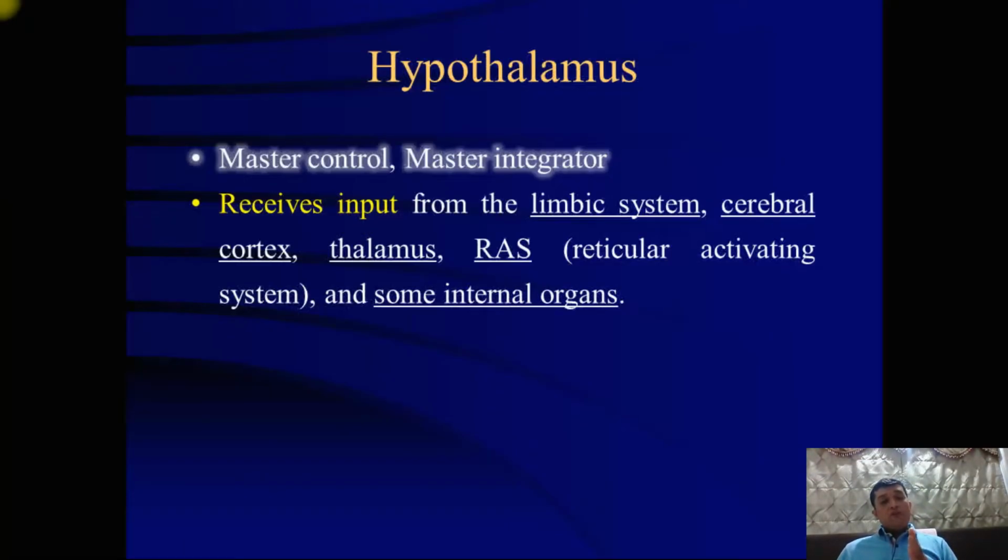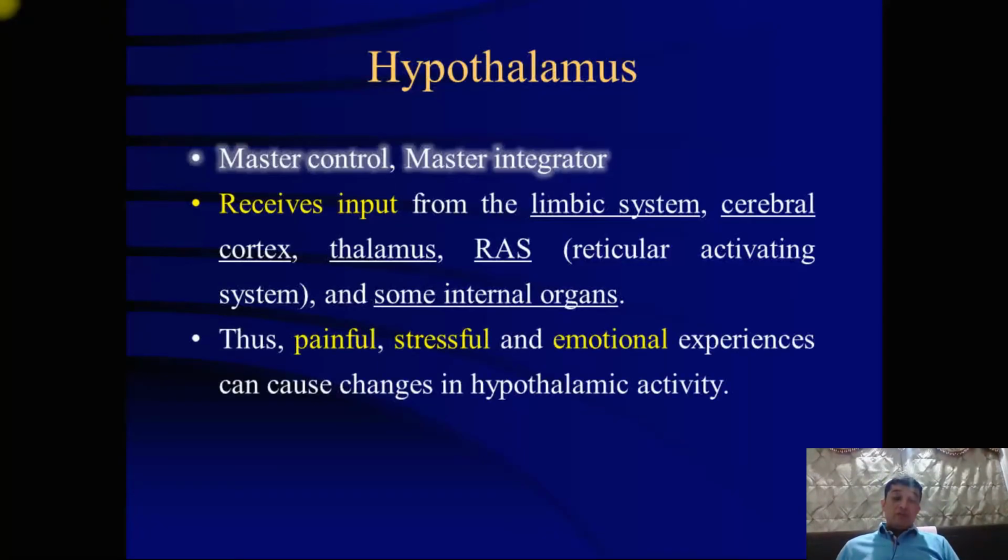All these neural impulses received by the hypothalamus actually change the flow of RH and IH, and that is why you must now be able to correlate that if a person is under a painful, stressful, or emotional experience or situation, there will be a change in hypothalamic activity. If there is a change in hypothalamic activity, there will be a change in growth, metabolism, and the homeostasis pattern, and that's why chances of disease and abnormalities are very high.